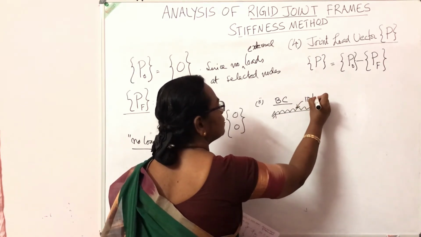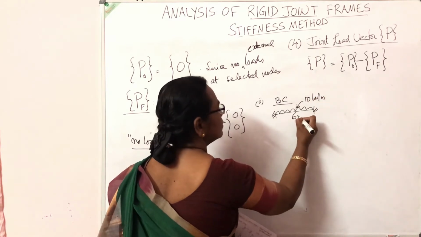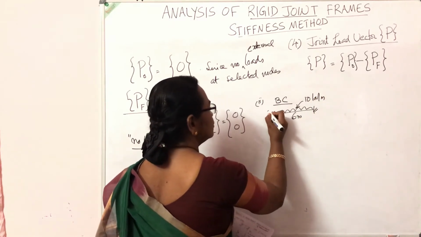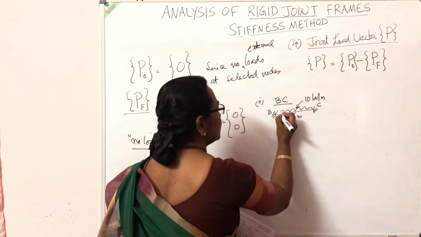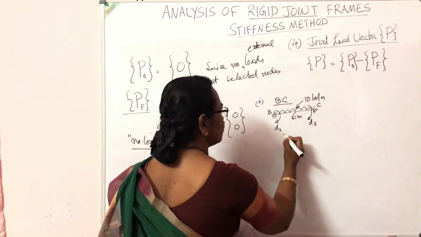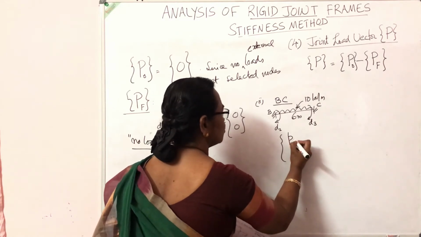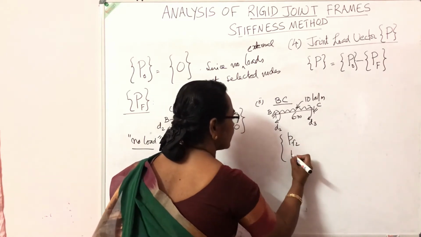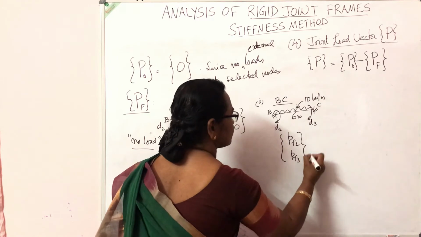Next, coming to the second element BC, the element BC was having a load of 10 kilonewton per meter and a span of 6 meter. This is joint B, joint C, and the coordinates given are D2, D3. Corresponding to coordinate 2 and coordinate 3, what are the fixed end moments?